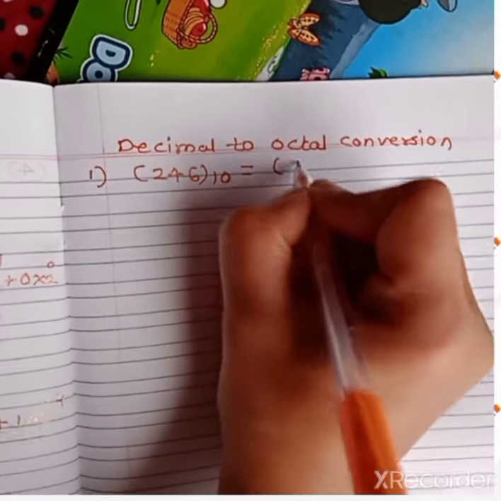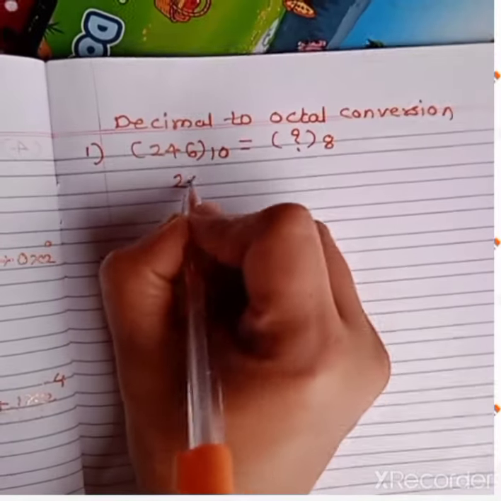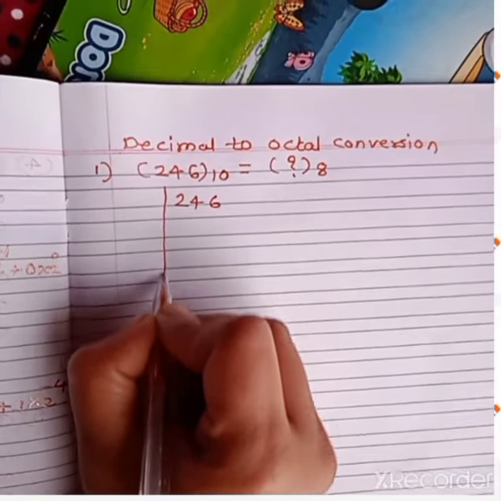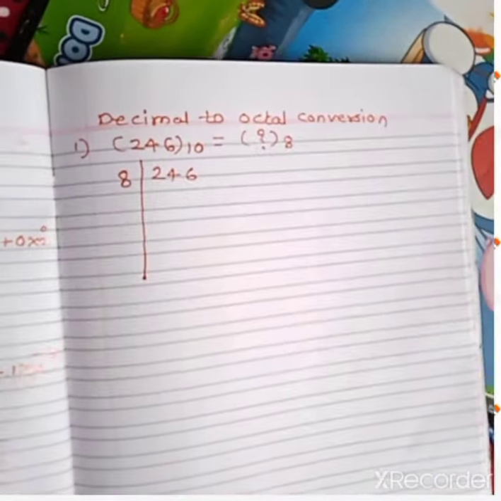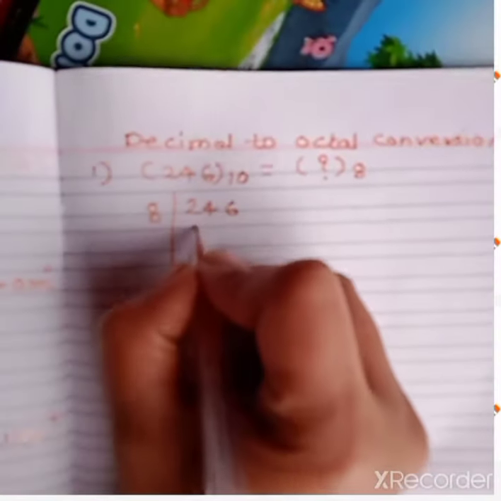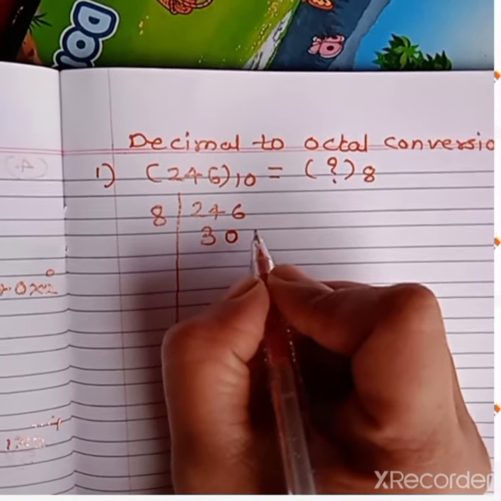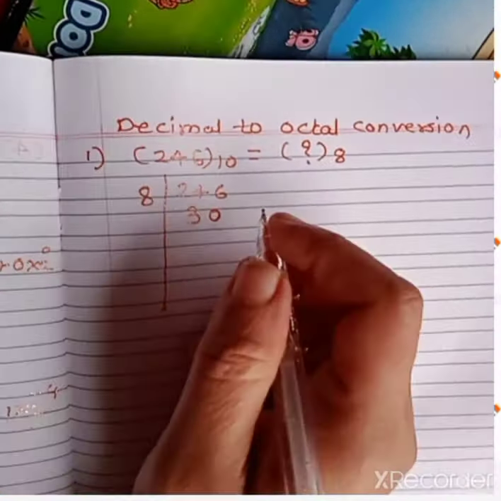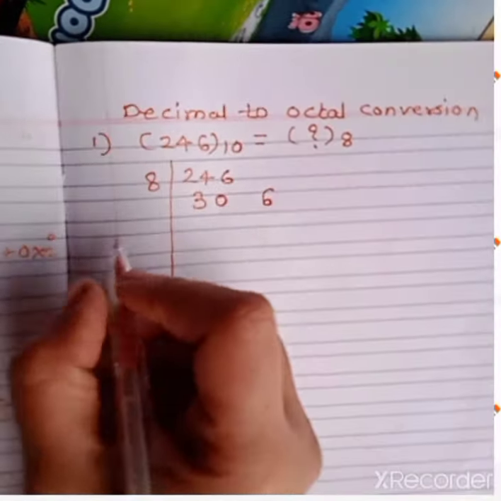We have to find out the octal equivalent. So we will divide 246 by 8. 8 3s are 24. 8 can't divide 6, so we'll put 0 as the quotient and take 6 as the remainder.